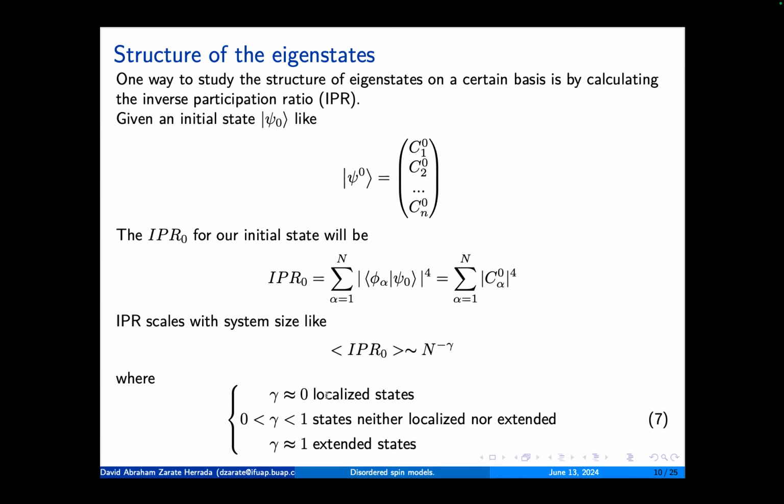If gamma is close to zero, the system shows a level statistics of type Poisson. And if gamma is equal to 1, the system shows Wigner-Dyson level statistics. So now we understand. And if gamma is between 0 and 1, we have states neither localized nor extended.